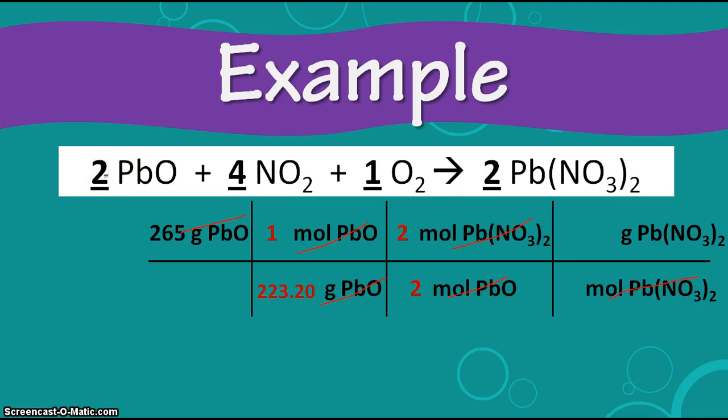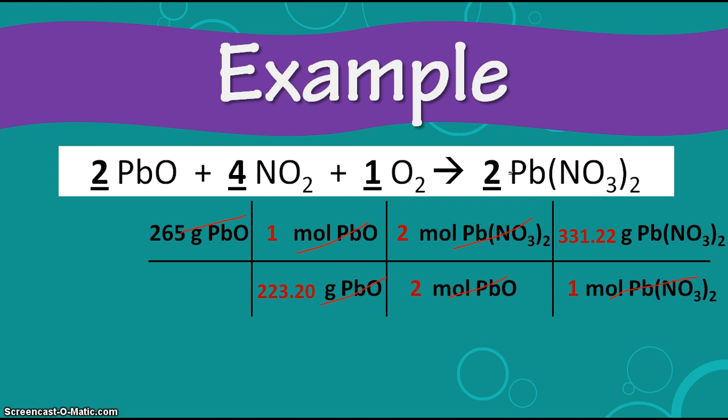And in the last conversion factor, we know for every 1 mole of lead nitrate, using the periodic table, 1 lead, 2 nitrogens, and 6 oxygens give us a total of 331.22 grams per mole as the molar mass for lead 2 nitrate.